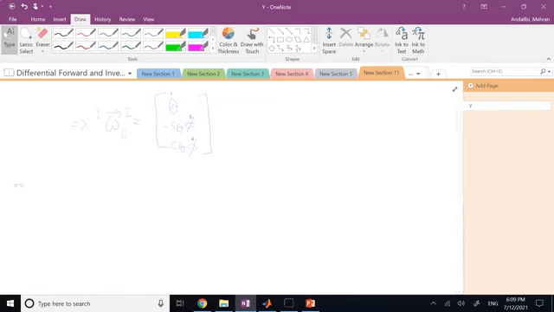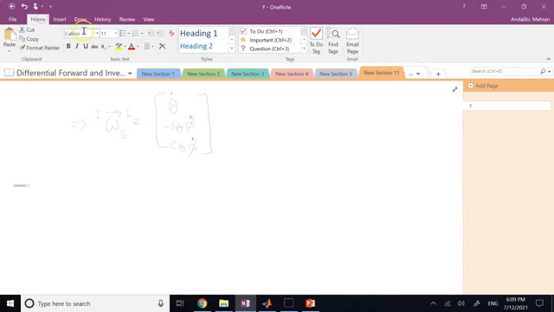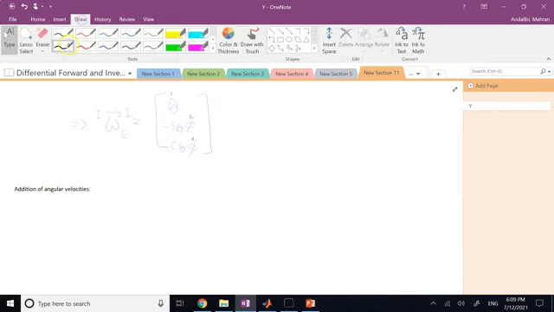And let me show you that. This is significantly simpler than going through that definition. Now, let's look at addition of angular velocity. So what happens really here?